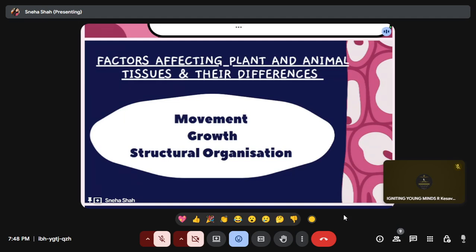Unidirectional growth is present in plants, while animals grow in all directions. So likewise, there is a difference in presence of tissues in plants and animals, and structural organization, like I discussed. Is there any doubt till now? Because now we are moving on with plant tissues. Is this clear? Yes, ma'am. All right.